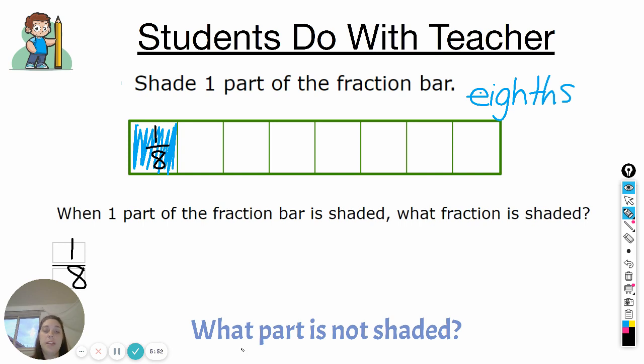So now that brings us to the next question. What part is not shaded? Go ahead and count. What part is not shaded, and write that fraction down on your whiteboard.